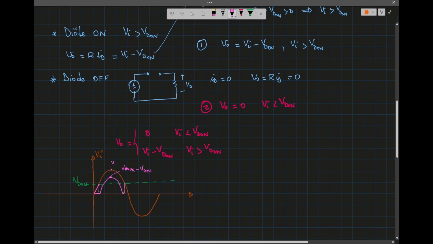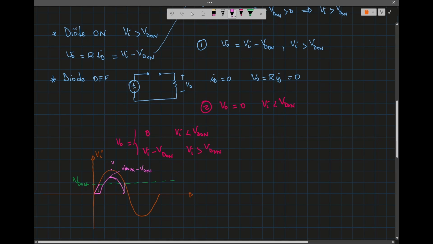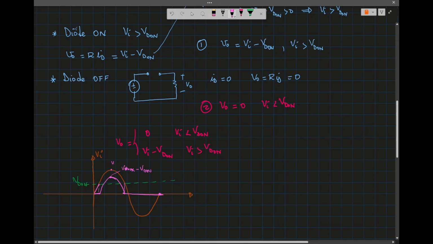Okay, so let me sketch it a little better, like that, and then it's going to remain off up to that point. So up to this point, it's off.